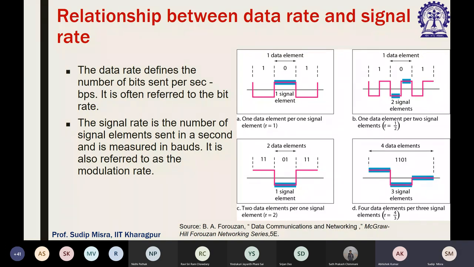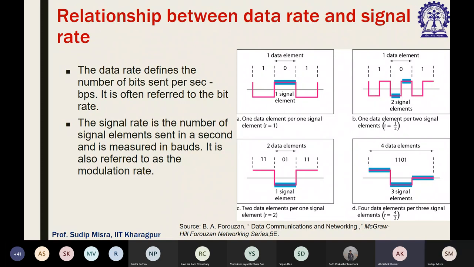Now, what is the relationship between the data rate and the signal rate? We have understood the relationship between the data and the signal in the form of this R factor, but now let us understand the relationship between the data rate and the signal rate. The data rate defines the number of bits that can be sent every second, bits per second.